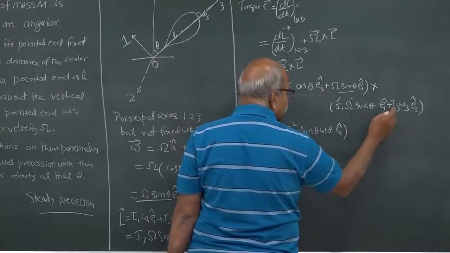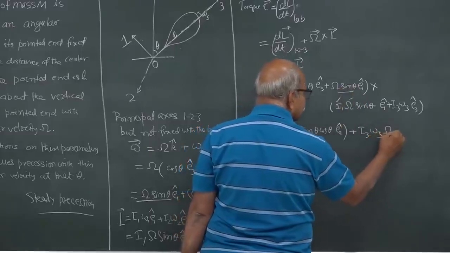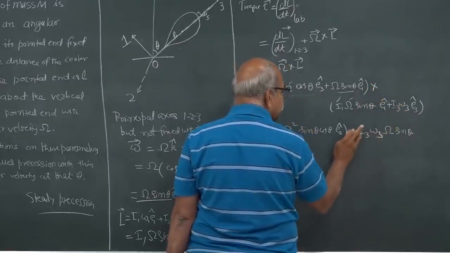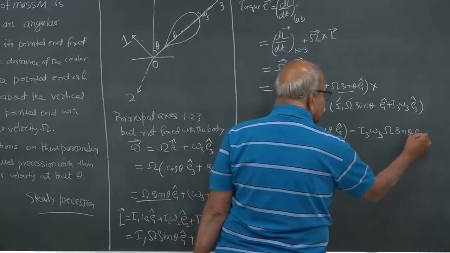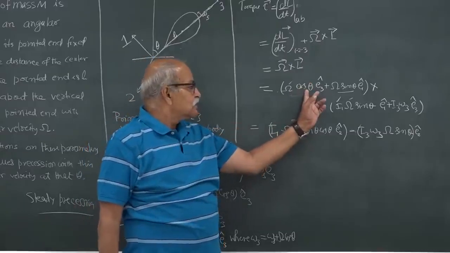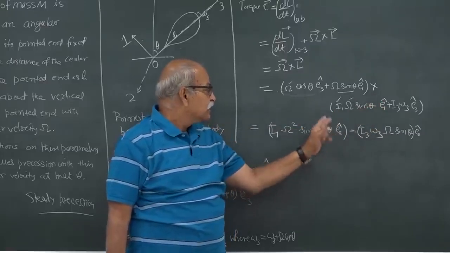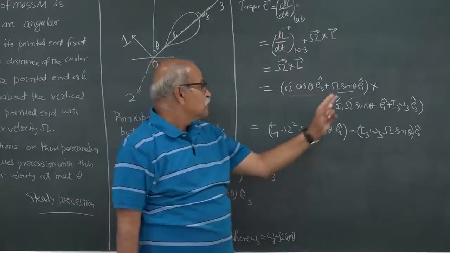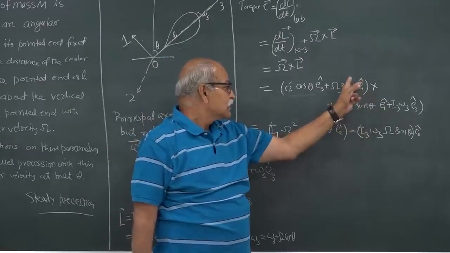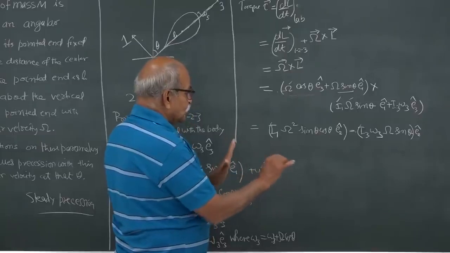So, it is I3 omega 3 capital Omega sin theta, E1 cross E3 cap is minus E2 cap. So, it is minus here and E2 cap here. Okay. When you cross product with this term, E3 cap cross E1 cap gives you E2 cap, E3 cap cross E3 cap is 0. When you cross with this term, E1 cap cross E1 cap is 0, and then E1 cap cross E3 cap gives you minus E2. So, it is in the E2 direction.